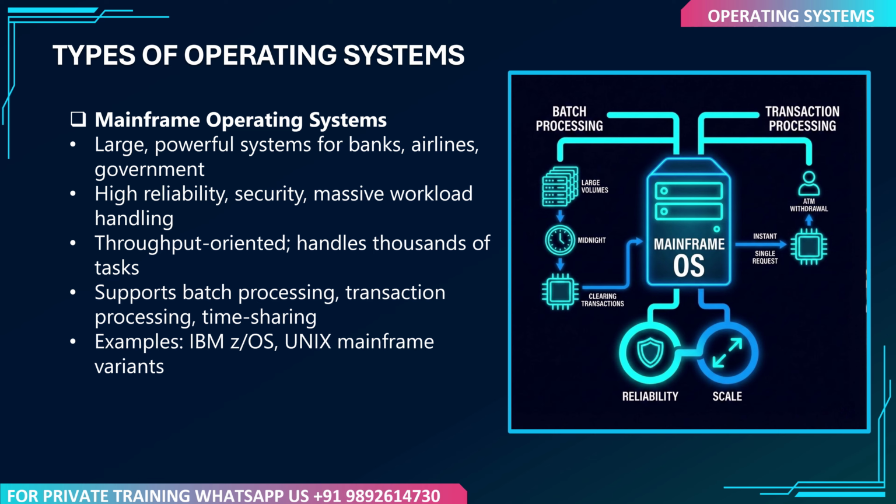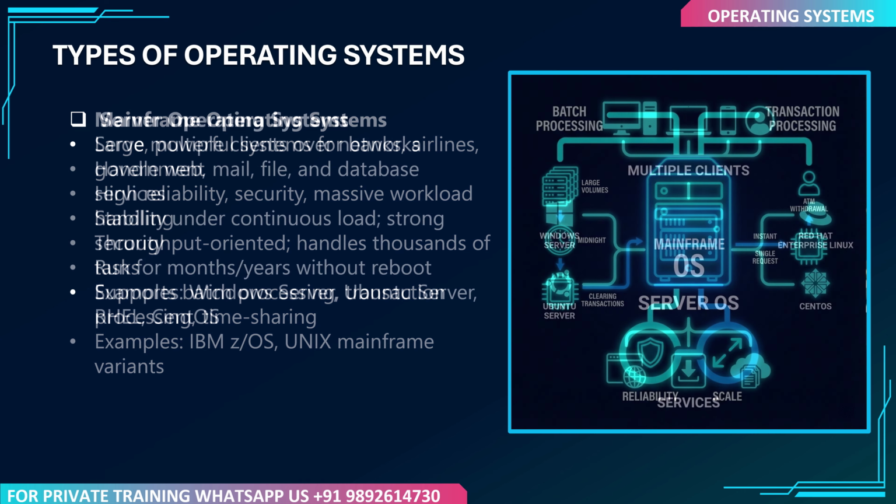Batch processing means it can process large volumes of data in groups, like clearing all banking transactions of the day at midnight. Transaction processing means it can handle individual requests, such as a single ATM withdrawal, accurately and instantly. The key idea here is reliability and scale. If a personal computer crashes, it's an inconvenience. But if a mainframe system goes down, an entire bank could stop functioning.